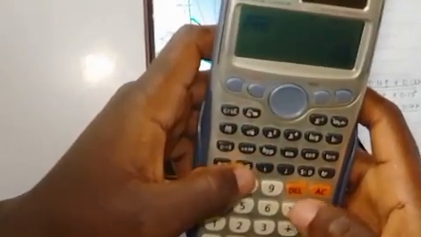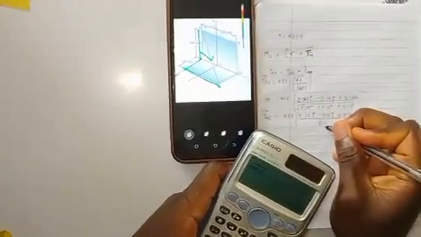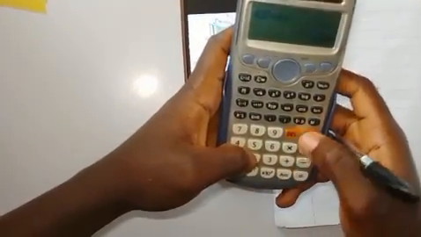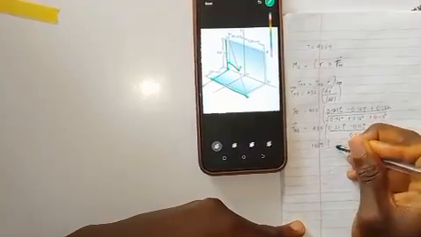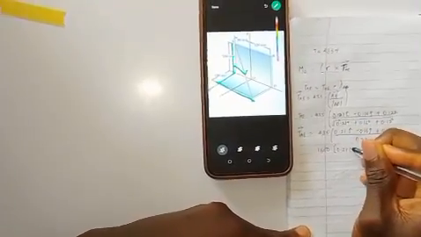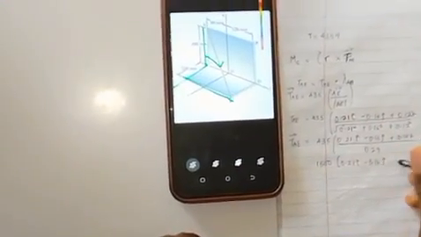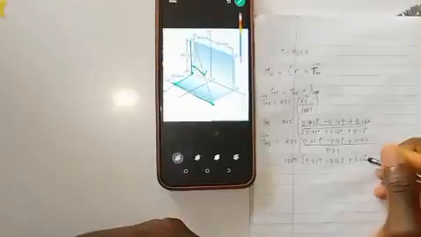Let's calculate the magnitude of this, which is the square root of 0.21 squared plus 0.16 squared plus 0.12 squared, which is 0.29. So that's 435 divided by 0.29, which is 1500, into bracket 0.21 in the i direction minus 0.16 in the j direction plus 0.12 in the k direction.